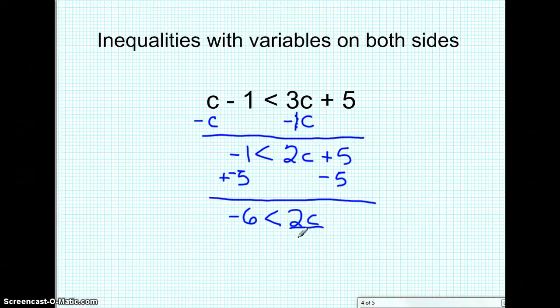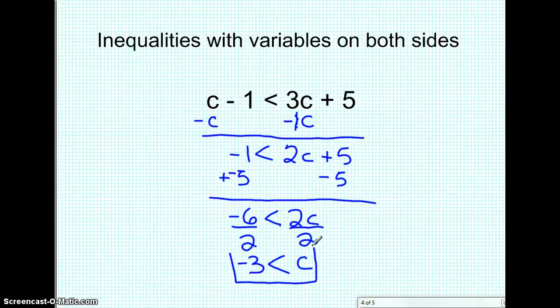Now, I need to get the 2 off of this side to separate. I'm going to divide both sides by 2. That gives me c, and negative 6 divided by 2 is negative 3. Now, depending on which side you move things to, this may be reversed, but either way, you should end up with negative 3 and c.